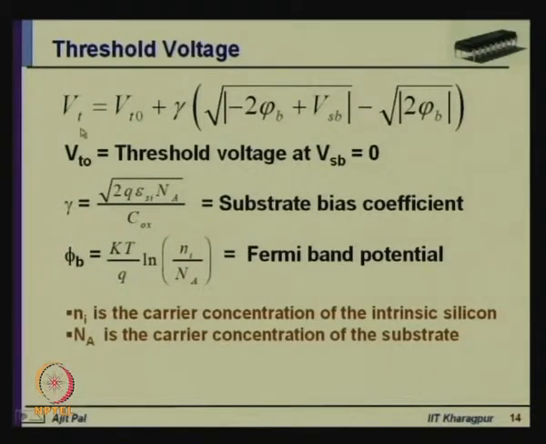As you can see, Vt, the threshold voltage, is equal to Vt0 plus gamma into root of the absolute value of 2 phi plus Vsb, minus the absolute value of 2 phi. Here this gamma is known as substrate bias coefficient.